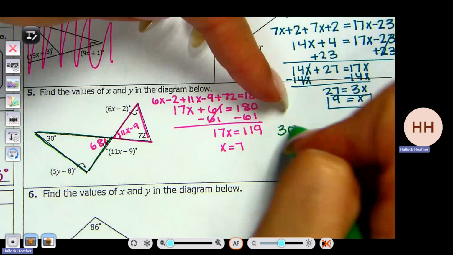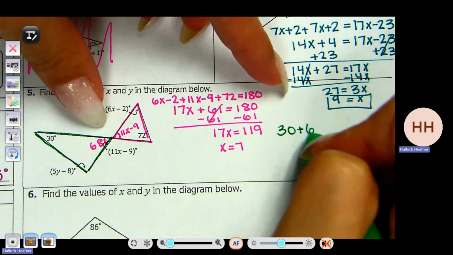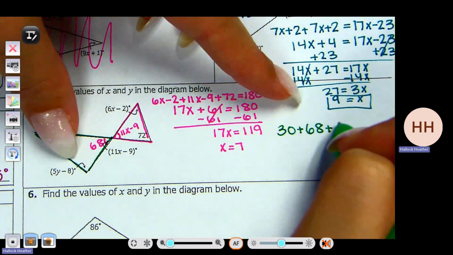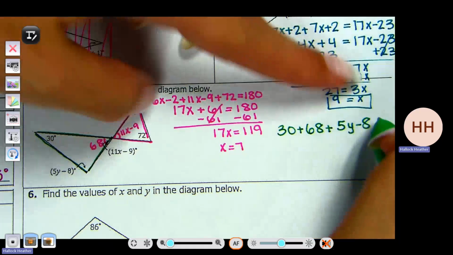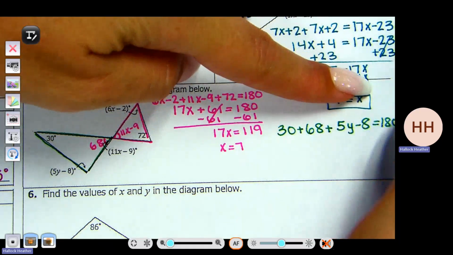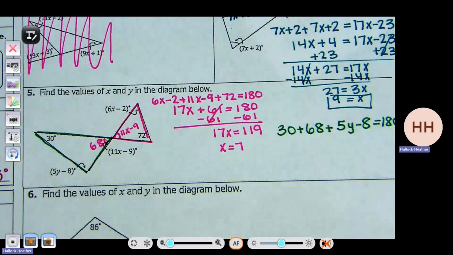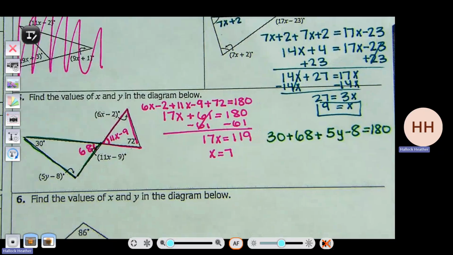So we're gonna do 30 plus 68 plus 5y minus 8 equals 180, because those three angles also have to add to make 180 because it's another triangle. You could also just subtract 30 and 68 and find that angle instead. In geometry, you can do it a million different ways, as long as your math is correct, your thinking is correct, and you're using the theorems properly.